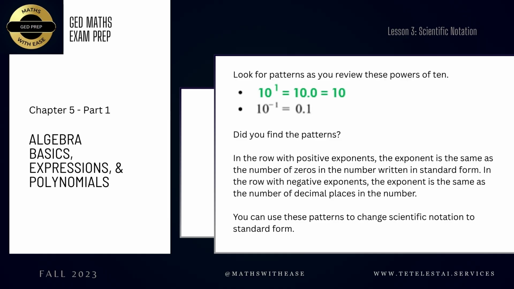In the row with the negative exponents, the exponent is the same as the number of decimal places in the number. So here we have 10 raised to a negative number, and our decimal place is exactly 1 decimal place after the decimal point.